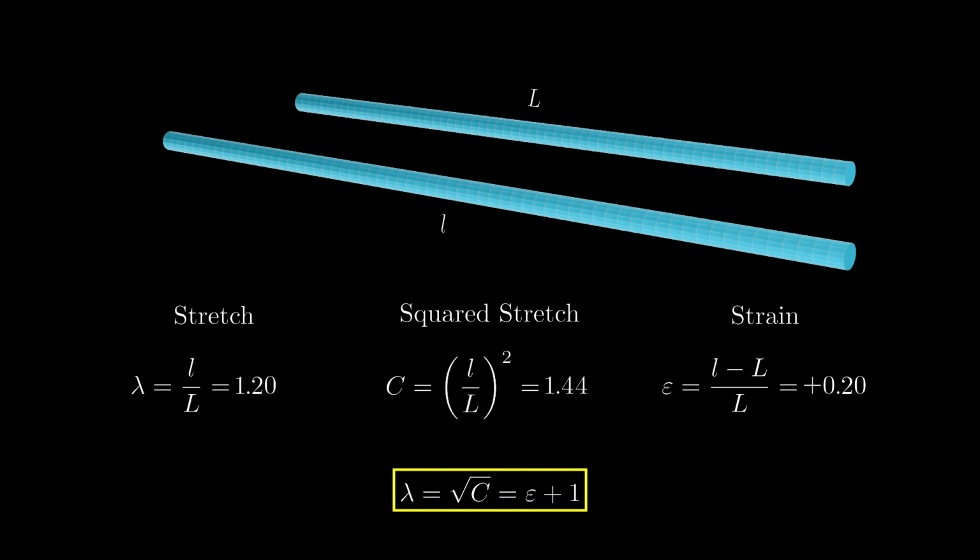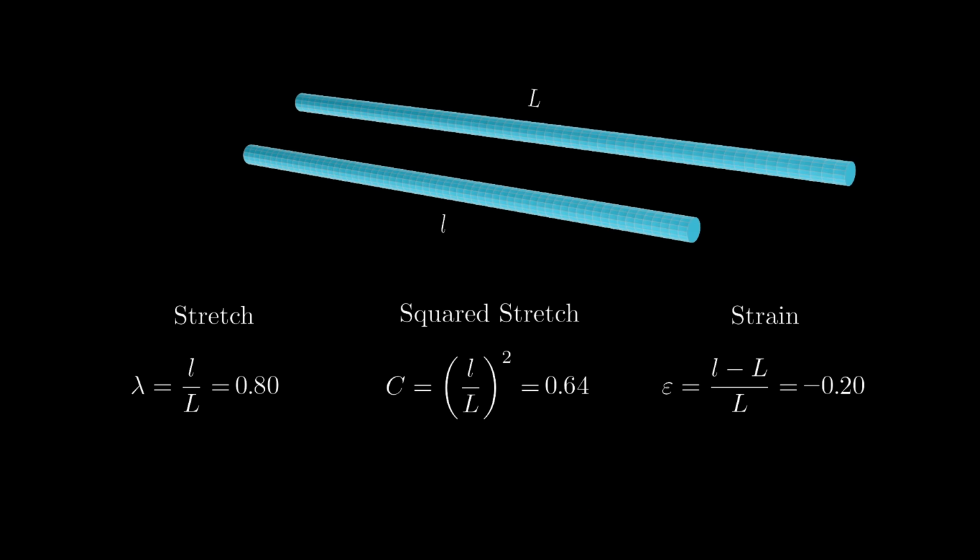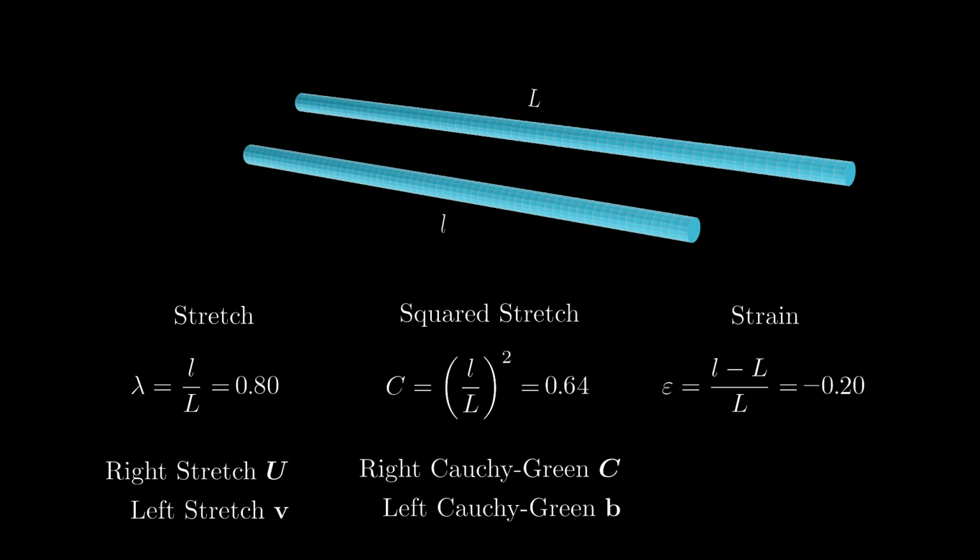And this ambiguity becomes even more apparent in the three-dimensional description of large deformations, where we have all sorts of different tensors for describing deformation. For example, in large three-dimensional deformations, stretch is described by the right and left stretch tensors, squared stretch is described by the right and left Cauchy-Green tensors, and strain is described by the Green-Lagrange and Euler-Almansi tensors.